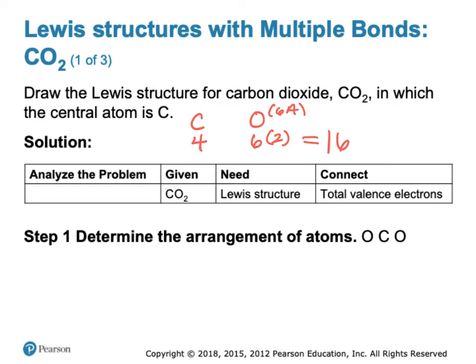Then we need to determine the arrangement. Now, carbon forms 4 bonds. It needs 4 more electrons to complete its octet. Oxygen likes to form 2 bonds. It needs 2 more electrons to complete its octet. So the arrangement is going to be the carbon in the center with the 2 oxygens adjacent.